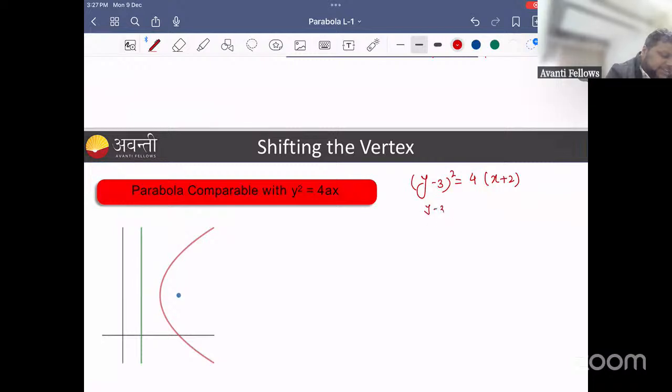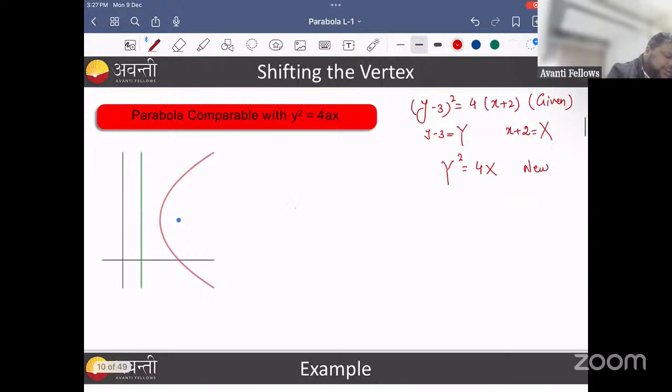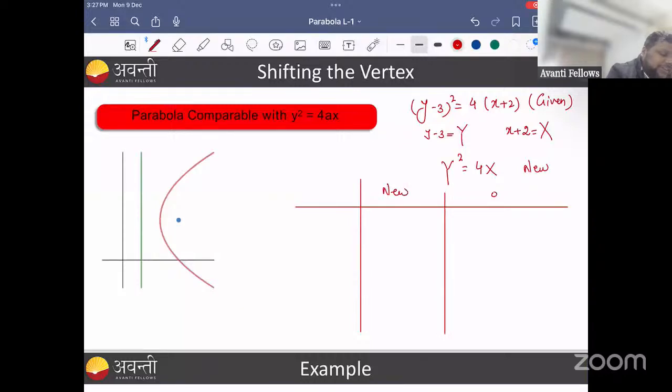Put y minus 3 as capital Y and x plus 2 as capital X. So it will be Y square equals to 4X. Am I correct? Now I call it a new parabola. This is given to me, or say the old parabola. Now if you're trying to find everything for this, first of all we will find it for the new one, then we will convert it for the old one.